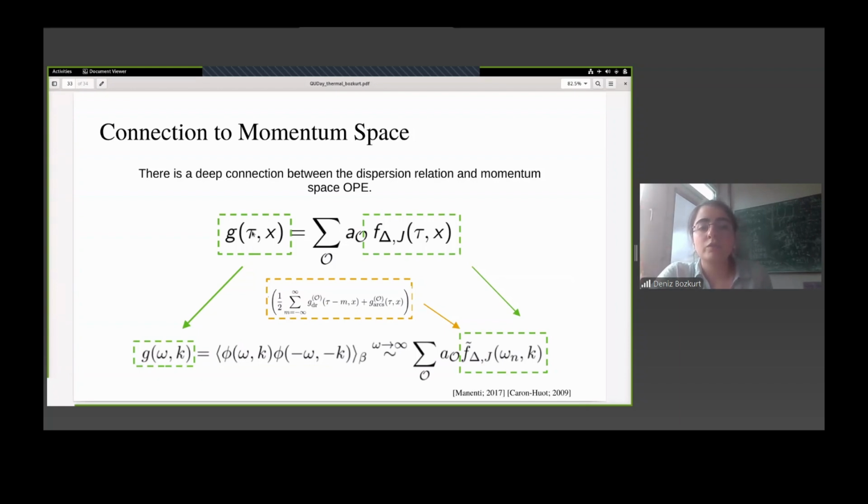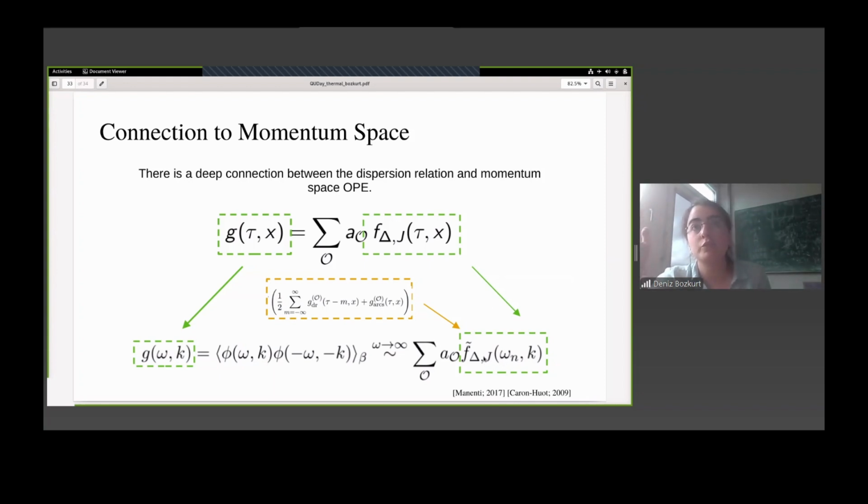But at least if you do it in the large K limit in the Euclidean setting, then transforming the 2-point function to the momentum space fully, and transforming the thermal conformal block separately to the momentum space and constructing the OPE again there, makes sense. So these two operations commute, let's say.